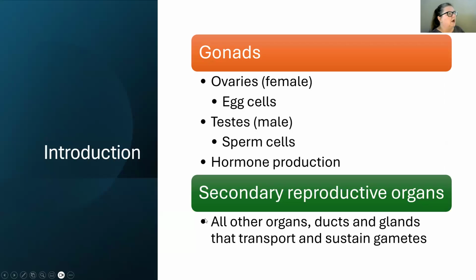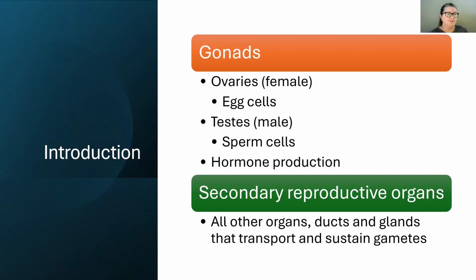As far as an introduction goes, and again, not specific to one or the other, there are a couple of terms you're going to want to be familiar with. The first of those is gonad. A gonad really just refers to the sex organ for that particular sex, be it female or male.